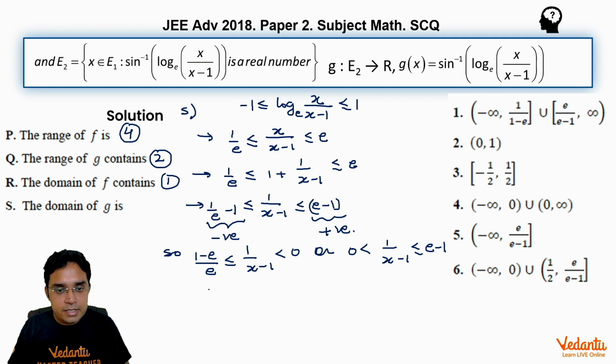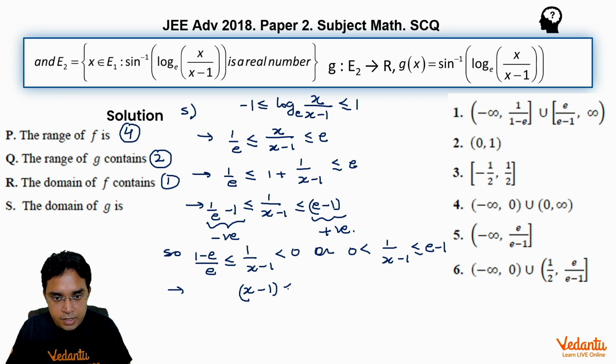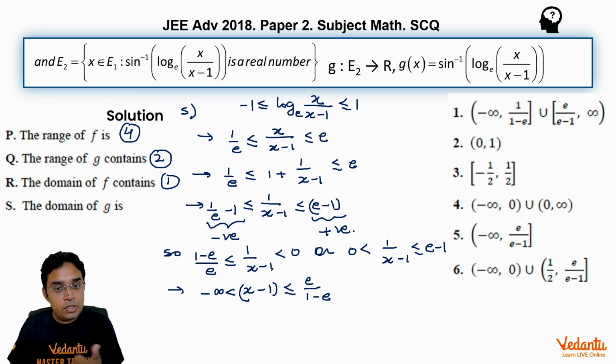Now we can take the reciprocal and we will get x minus 1 to be, now we have to change the sides, so this we can write it will be less than or equal to e upon 1 minus e, greater than minus infinity. See here 1 upon x minus 1 is slightly lesser than 0, which means it will be approaching 0 but from the left hand side. So if I take the reciprocal of that 0 negative, I will get minus infinity.